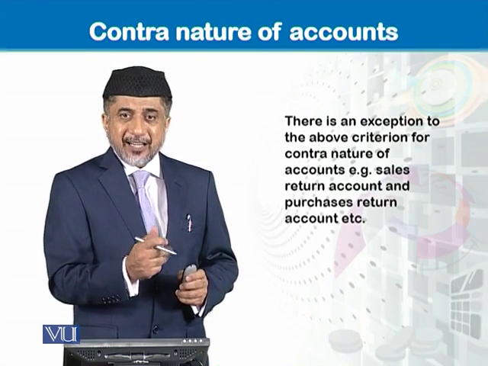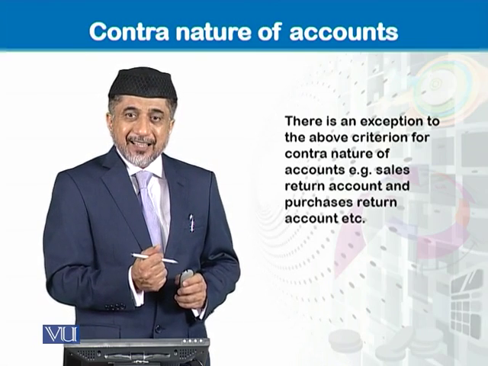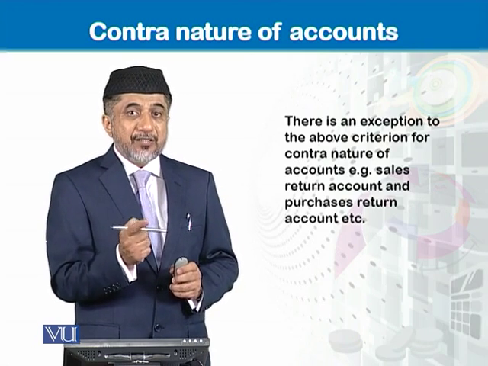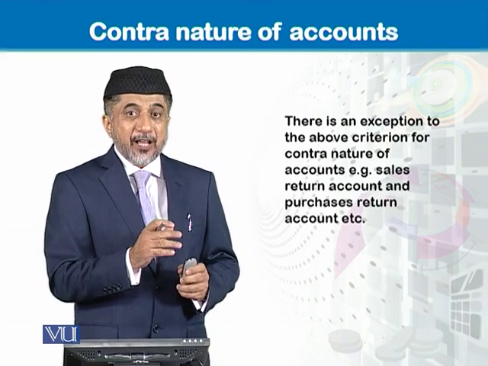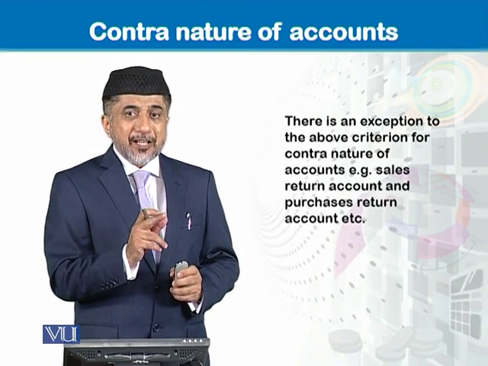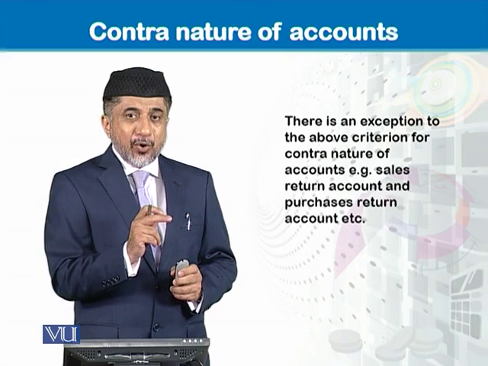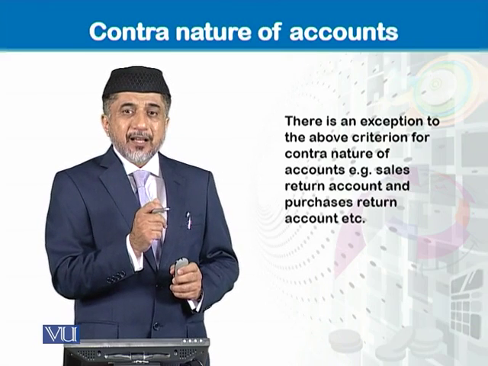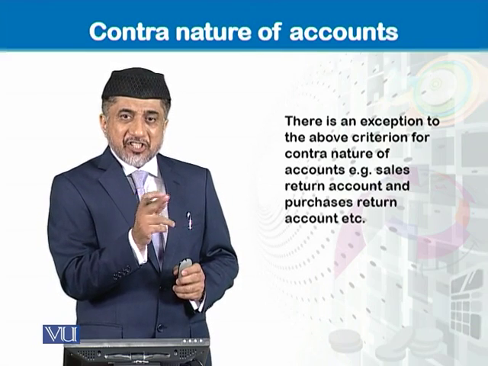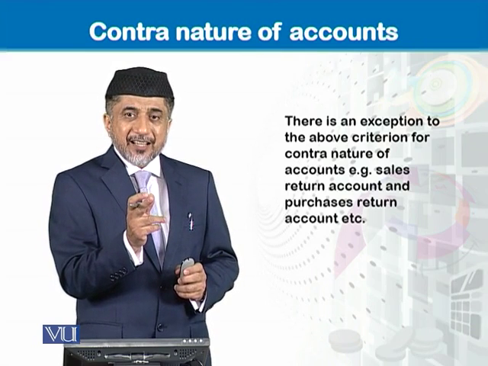Sales return. Let's take the example of sales return. Sales return is contra to sales. It is always subtracted from sales. It behaves opposite to sales. Sales being a member of income, which is in its nature credit.